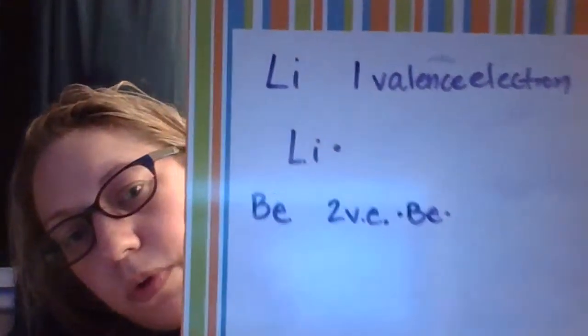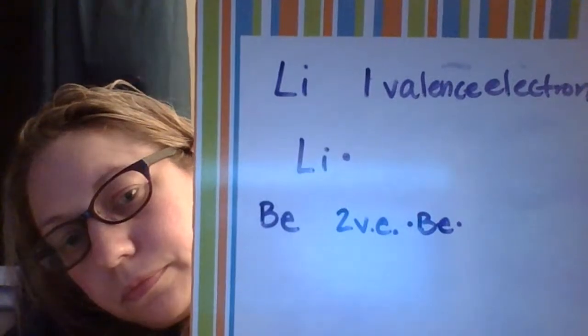And the next one is beryllium, Be, I believe I said that right. Yes, beryllium. And it has 2 valence electrons, and its Lewis dot structure is Be with 2 dots, one on each side of it.